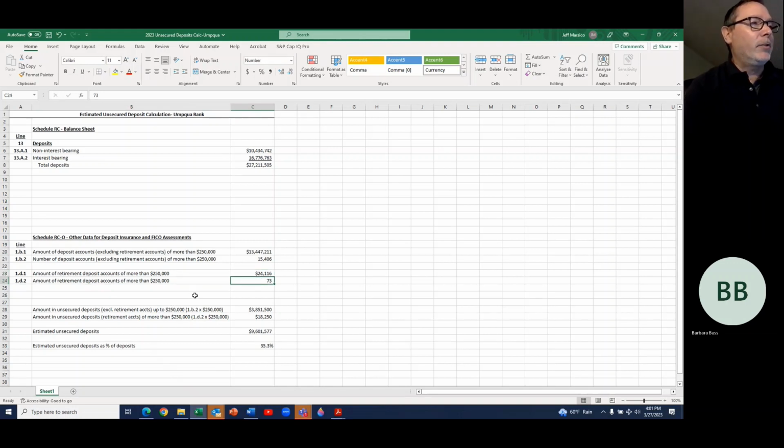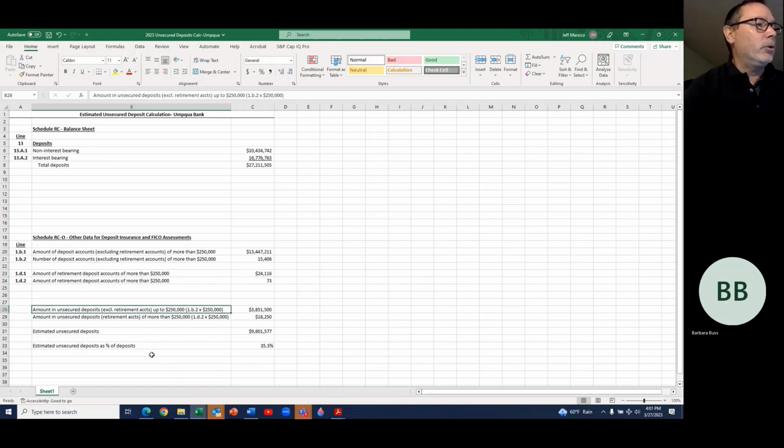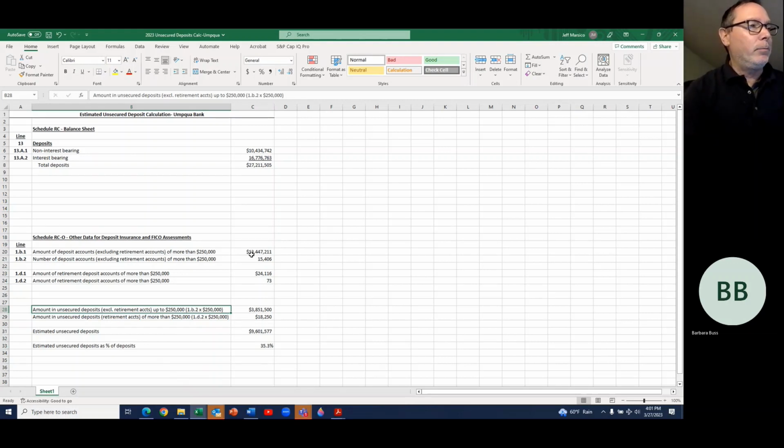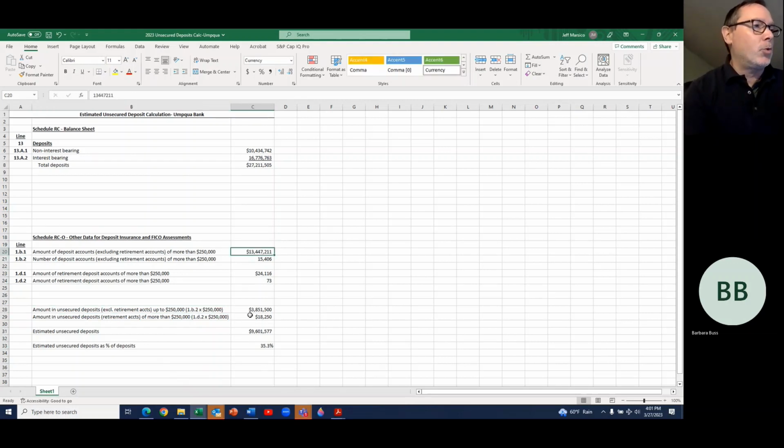Now, what you have to do is, to get the amount in unsecured deposits, excluding retirement accounts, up to $250,000, we have to take this 1B2 number right here and multiply that by $250,000 to figure out how much of this $13.4 billion is actually insured.